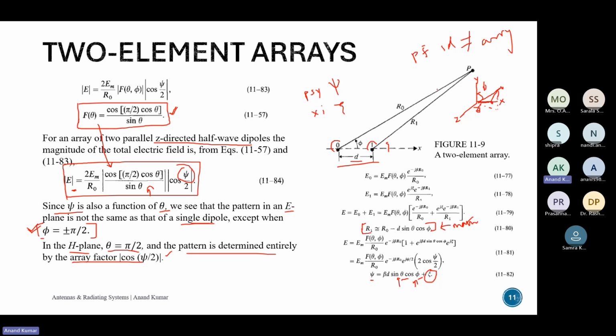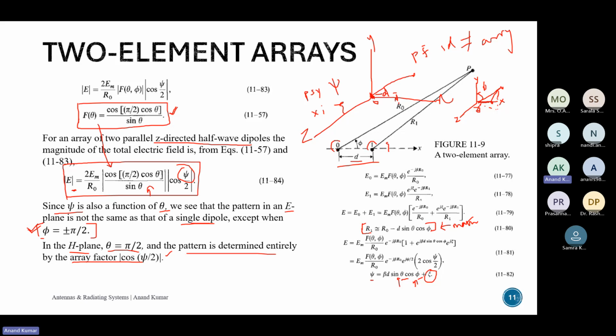Essentially, if we take the coordinate system like this, this is your x coordinate, this is the y, and this is the z, and then there is a point P somewhere here. We have the first element at 0, and then the other element over here, this is 0 and this is 1, at a distance d between these two, and this particular point P is somewhere in space.